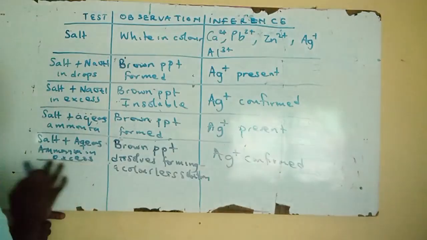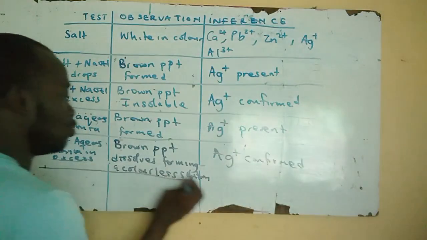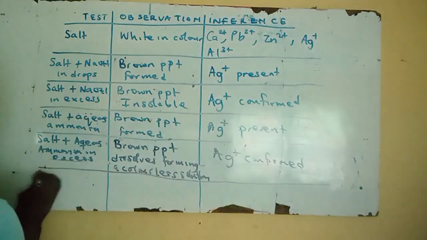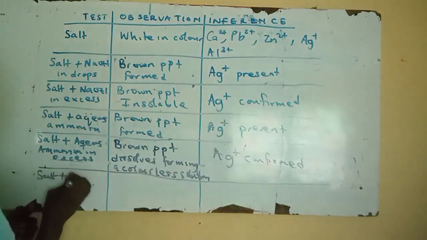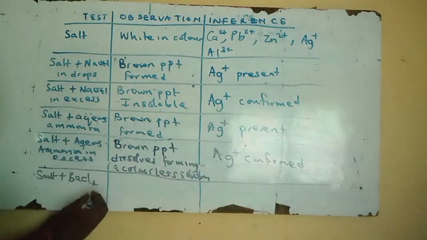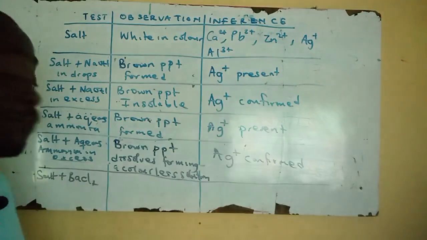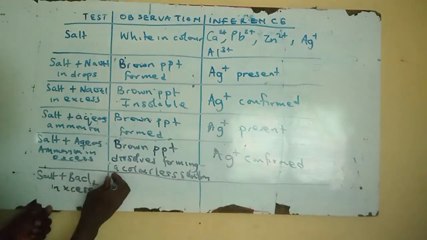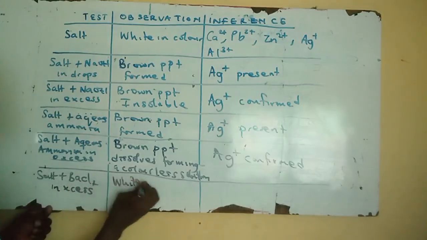Now the last reagent that we are going to use is barium chloride. So we say salt plus barium chloride, BaCl2. In drops, a white precipitate is going to form, and in excess, that will be what? White precipitate insoluble.